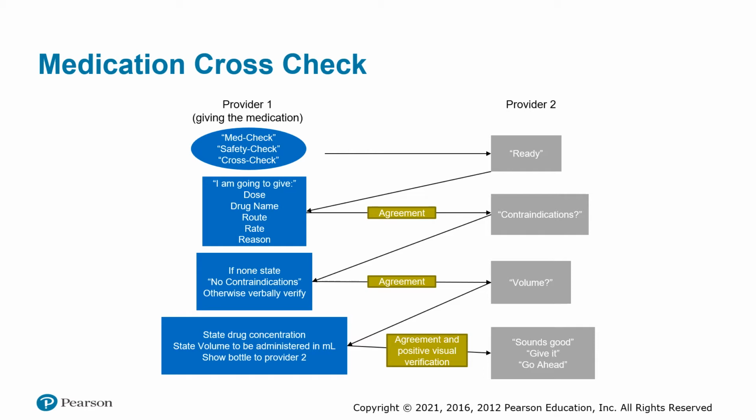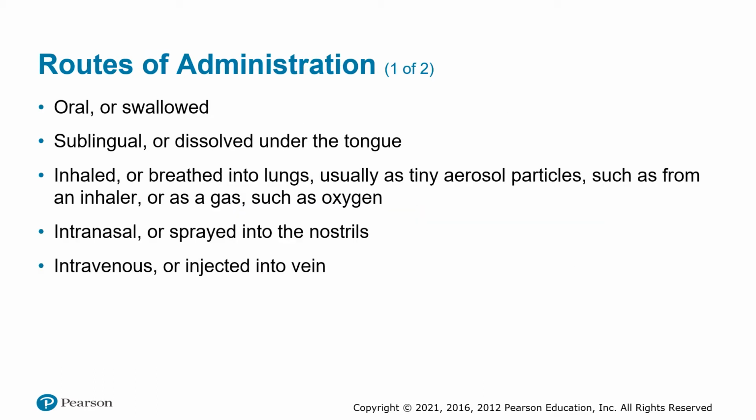I've added it in here. It's a conversation that you and your partner have, basically to say, hey, I'm going to give this med, and they confirm that you have the right medication and everything like that.